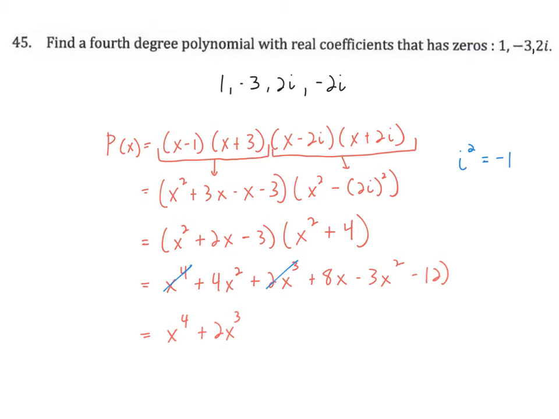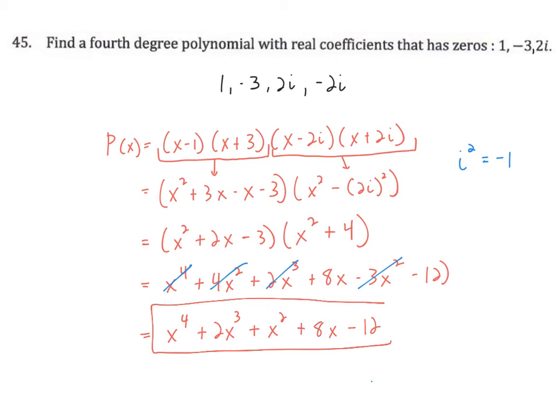Yeah, okay. And then we have the two squared terms. So 4x squared and negative 3x squared is just positive x squared. And then we just have those last two. So, whoops, plus 8x minus 12. Okay, so we have this fourth degree polynomial, and it'll end up having those roots that they wanted it to.